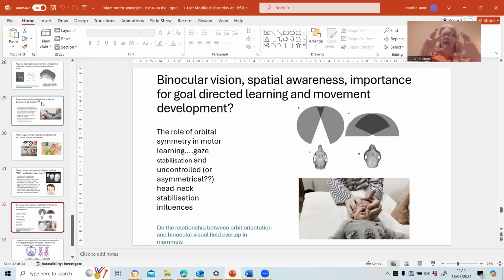And so actually looking at gaze stabilization from the perspective of the craniofacial dynamics is a really important thing to get organized osteopathically as early as possible.